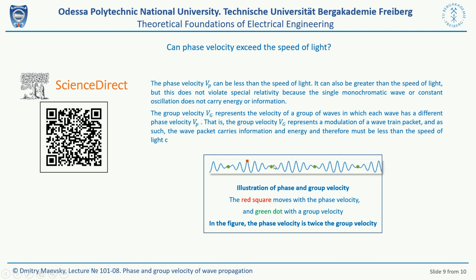The speed of the wave packet is called group speed. The group speed, or group velocity, unlike the phase velocity, cannot exceed the speed of light. Thus, the phase velocity of waves in a line with distributed parameters can exceed the speed of light.